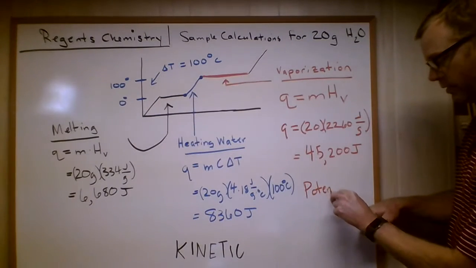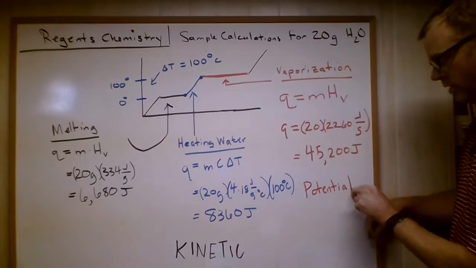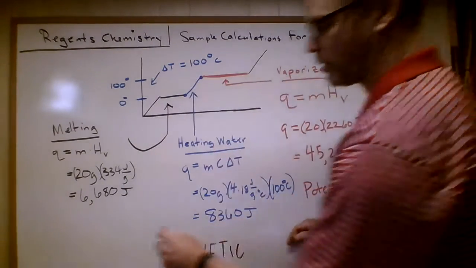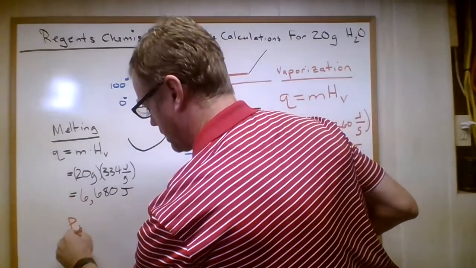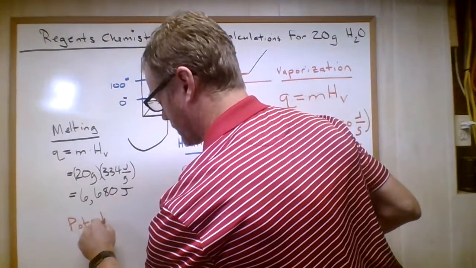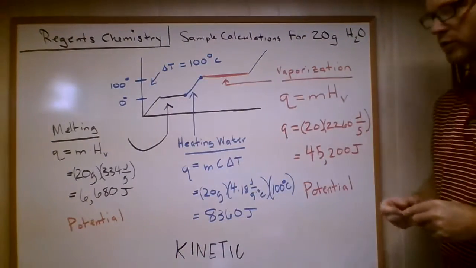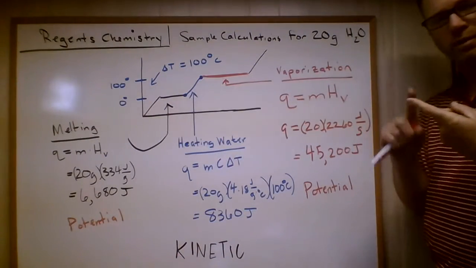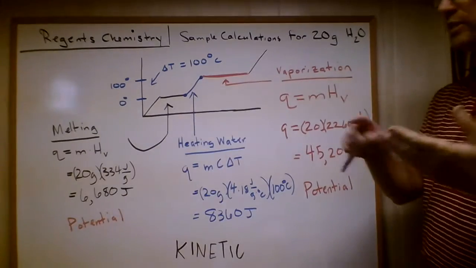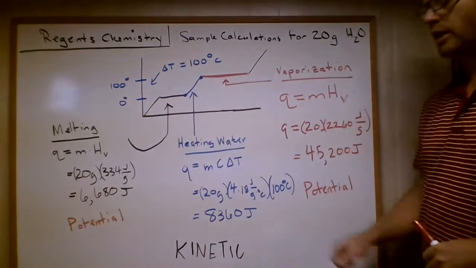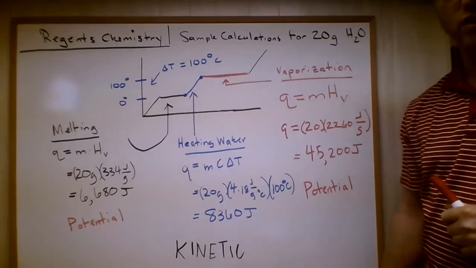So we are adding potential energy to go from a liquid to a gas. We are adding potential energy to go from a solid to a liquid. So the three P's: potential, phase change, plateaus. They all go together, and that's the type of energy. If there's a change in temperature, that's a change in kinetic energy.